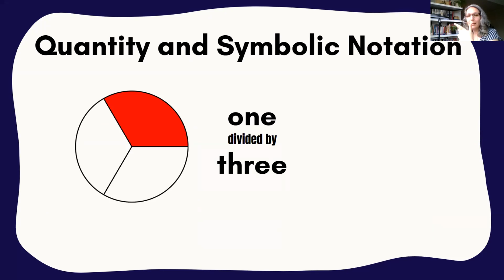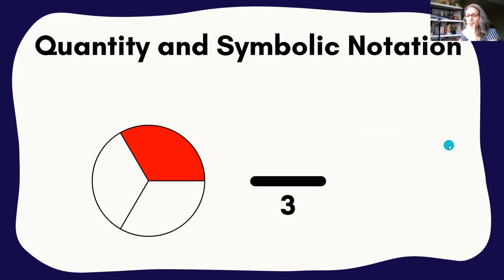We can also say that it's 1 divided by 3, though I might not introduce that to 5-year-olds. And then all of a sudden, all of those words have been replaced by a line. So we've got 1 out of 3 without the words, but the line represents the words. And I've made that connection to the division sign.